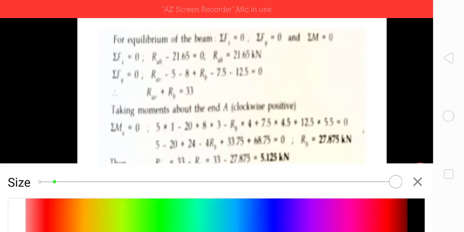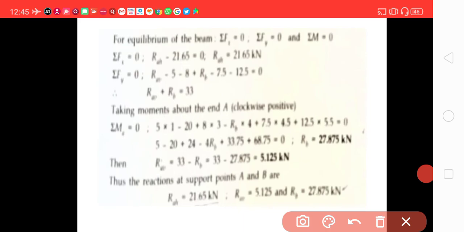Now for equilibrium of the beam, as I told you earlier also, summation F horizontal will be 0, summation F vertical will be 0, and summation M will be 0. That is, clockwise moment must be equal to anti-clockwise moment.